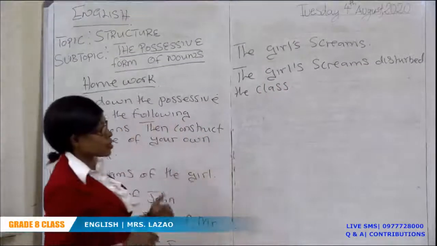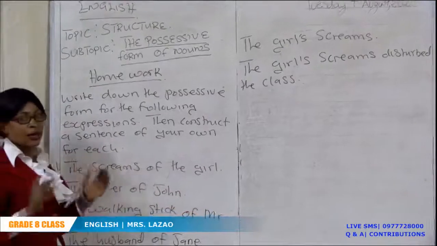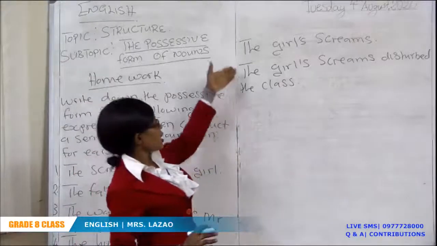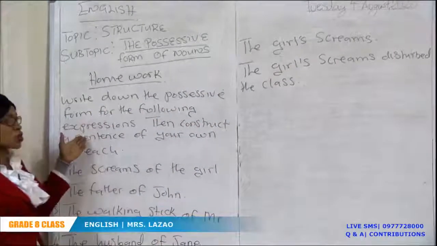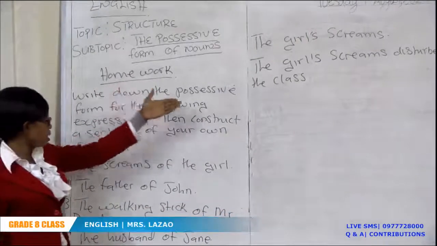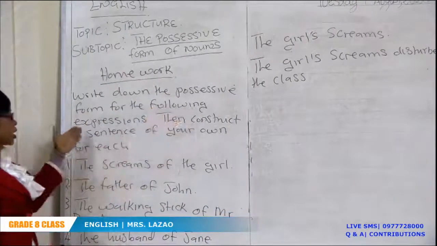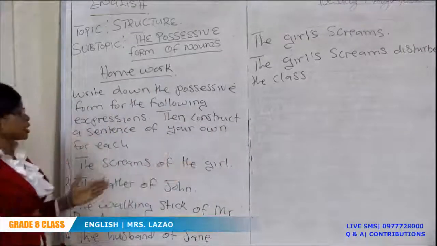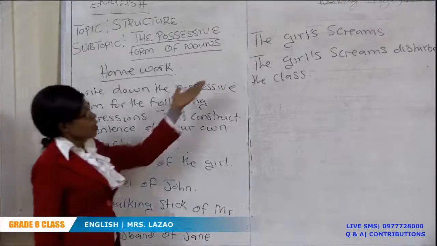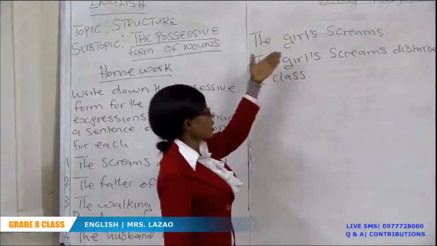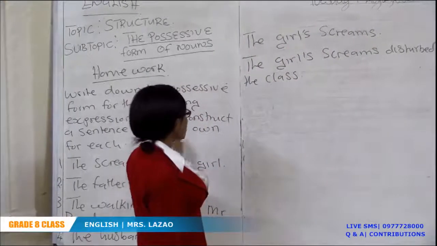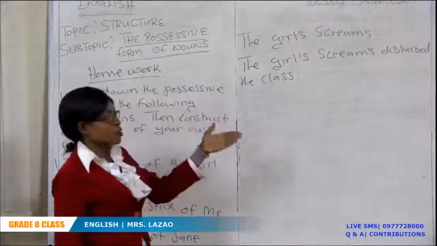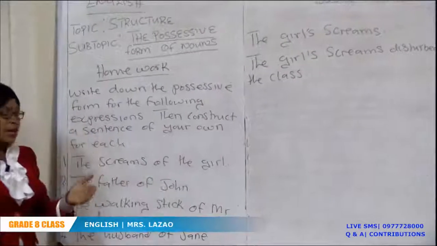The girl's screams disturbed the class. So these are the answers following the instructions, which say write down the possessive form for the following expressions, then construct a sentence of your own for each. My first answer is the girl's screams, and then the second construction, the girl's screams disturbed the class.